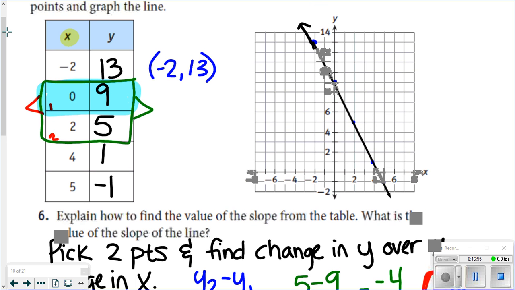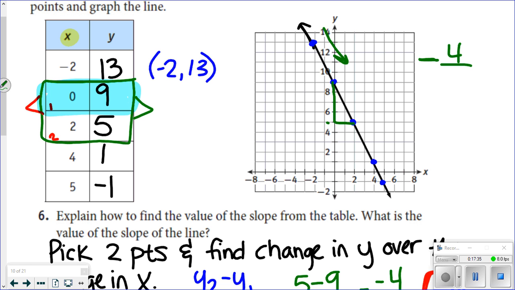So let's go back up and look at our graph and see what it is. Okay, so we plotted these points. There's a point, there's a point, there's a point. Remember, we should all get the same slope regardless of what 2 points we choose. Okay, so I'm going to count the slope from here to here. So I know that my line is decreasing, so my slope is going to be negative because I'm skiing down the hill. And I'm going down 1, 2, 3, 4.